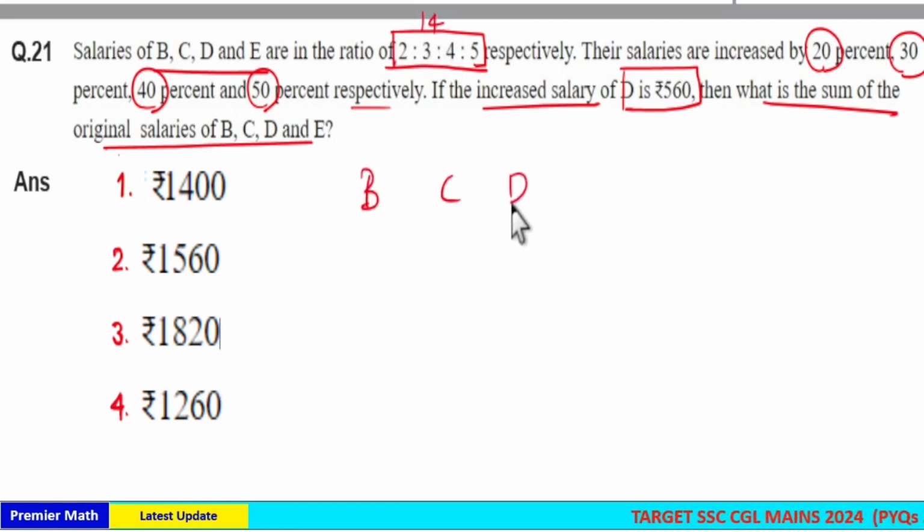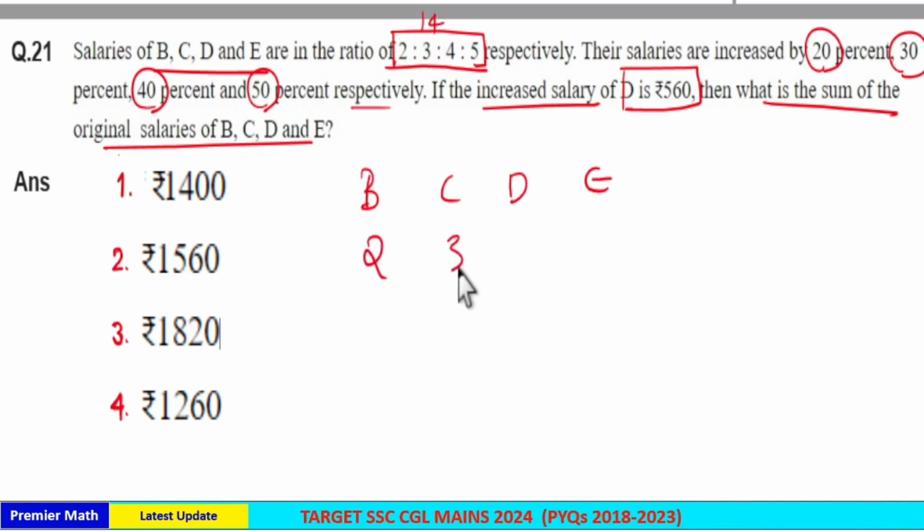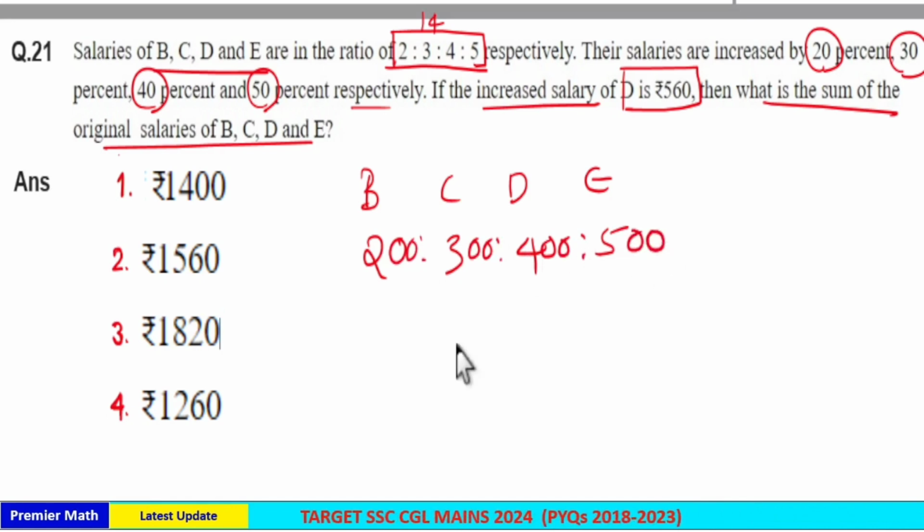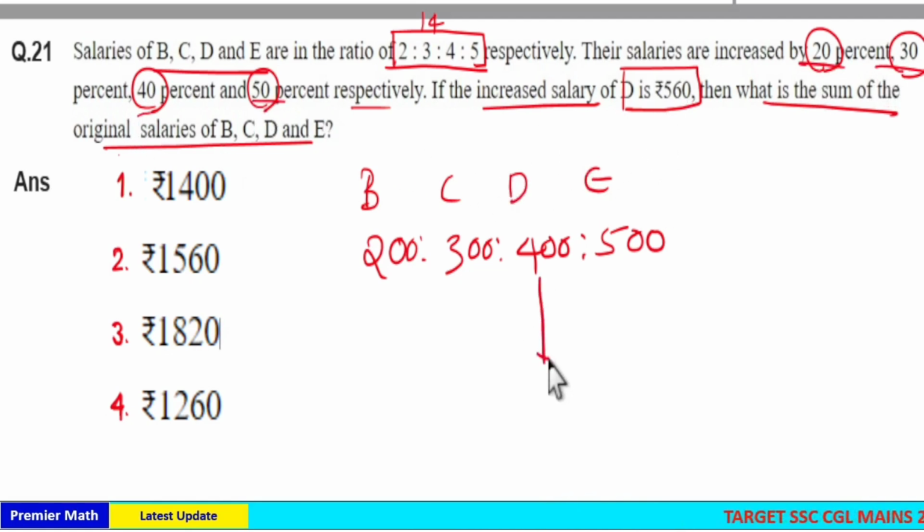Here, B, C, D and E are in the ratio 2:3:4:5. Take it as 200:300:400:500. Now, their salaries are increased by 20, 30, 40 and 50% respectively, and the increased salary of D is 560. D's increment is 40%.